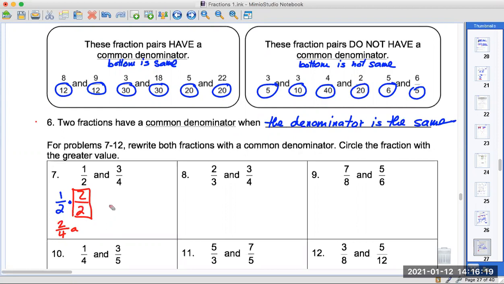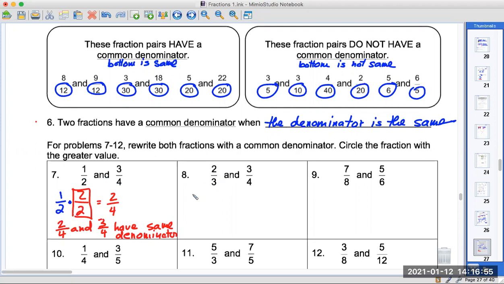They're not. 2/4 and 3/4 have the same denominator. Okay, so we take the smaller one and make it the bigger one.